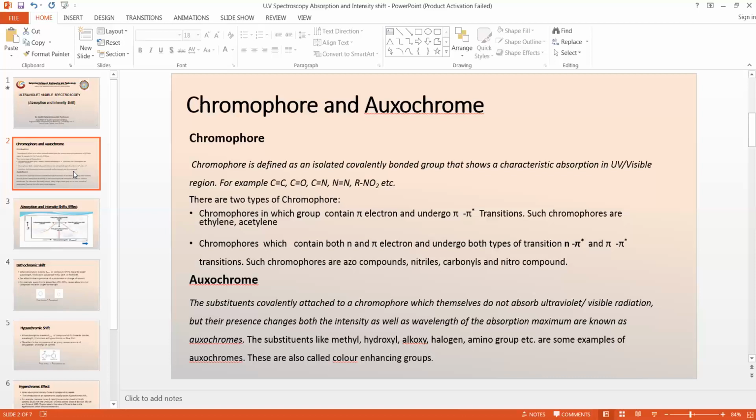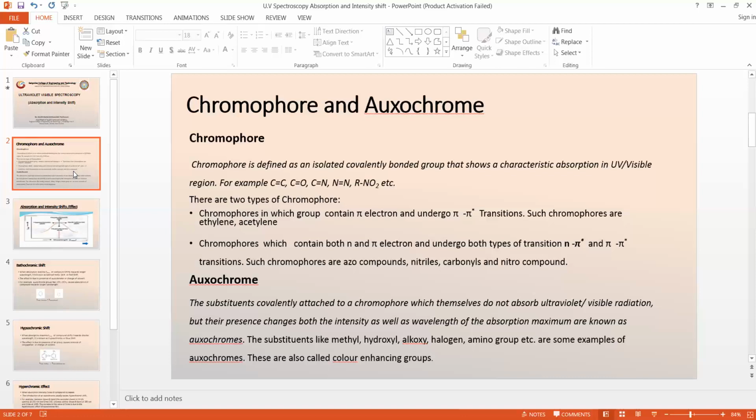It means the absorption at longer wavelength is due to the combination of a chromophore and an oxochrome to give rise to another chromophore. These are substituents attached to a chromophore which themselves do not absorb UV visible radiation, but their presence changes both the intensity as well as the wavelength of the absorption maximum.